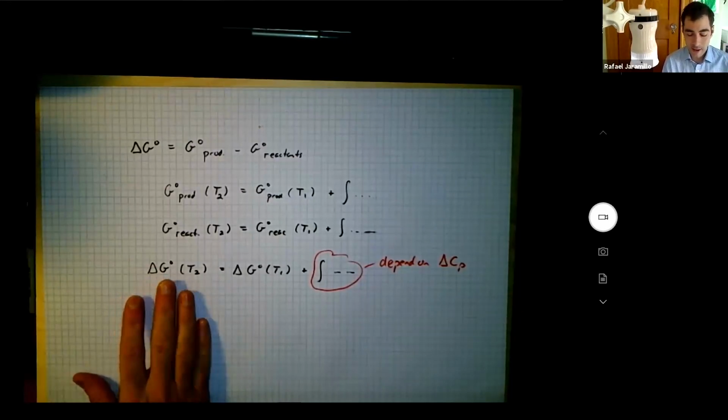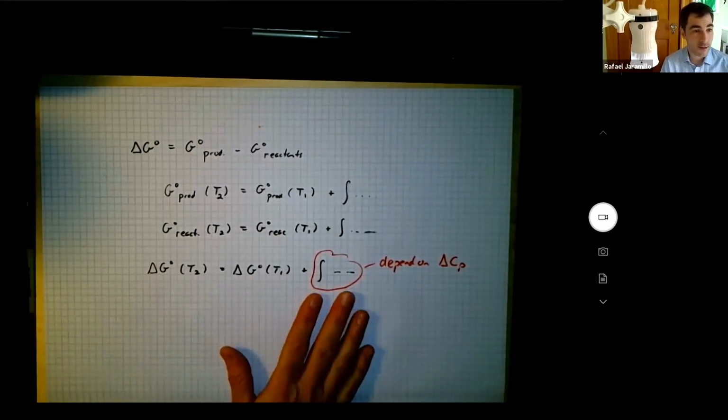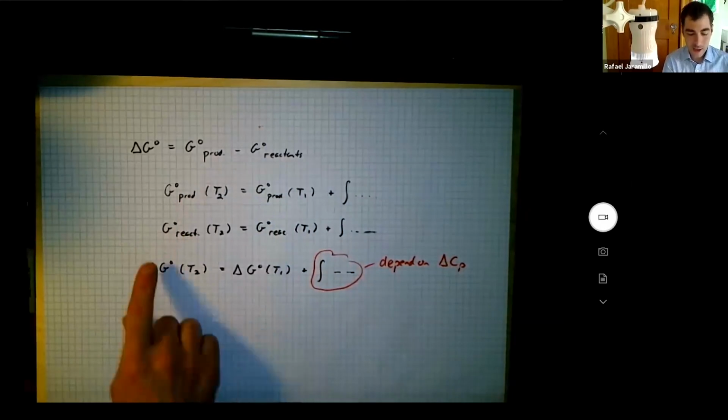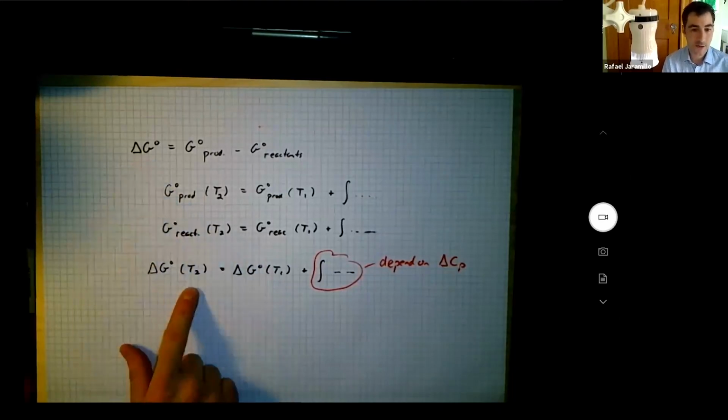And we could calculate the temperature dependence of that by integrating things that depended on heat capacity differences. It's all formally the same right now. We're having a transformation from reactants to products. The delta G naught is important. That helps us determine equilibrium condition. And in general, it's temperature dependent.